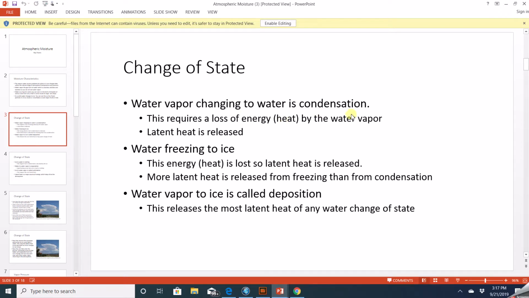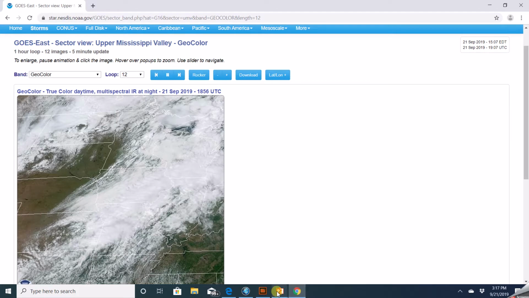So in order to lose energy, it means energy is being placed back out into the atmosphere, which is being heated then. The atmosphere is being heated by that loss of energy by that water vapor. It's called latent heating. And that release of warmth into the atmosphere can affect stability. Let's take a look at that sounding again right back here we were looking at earlier.